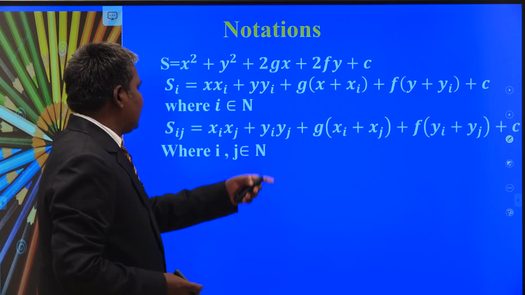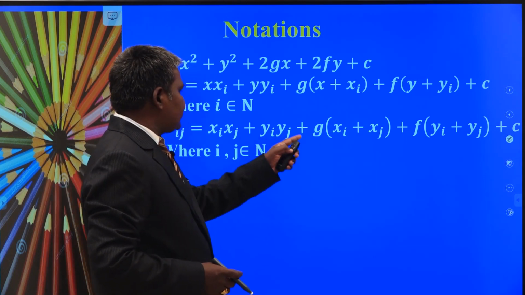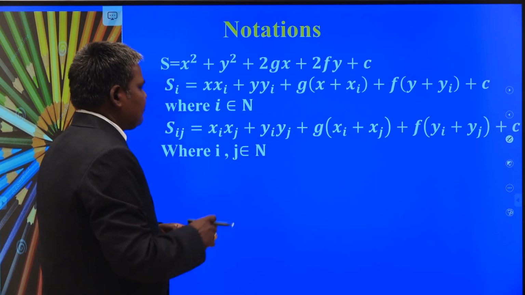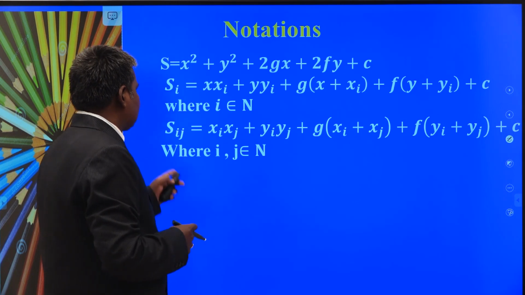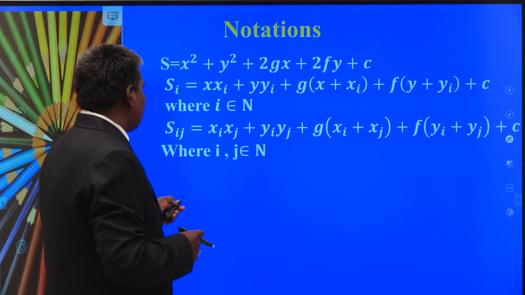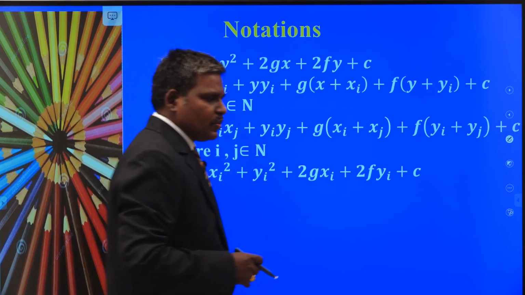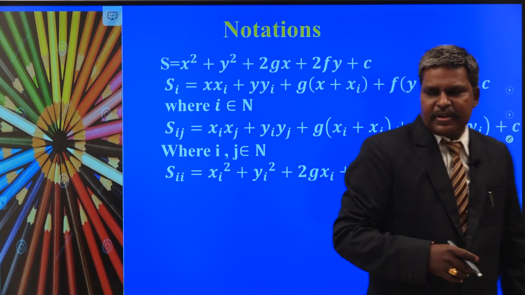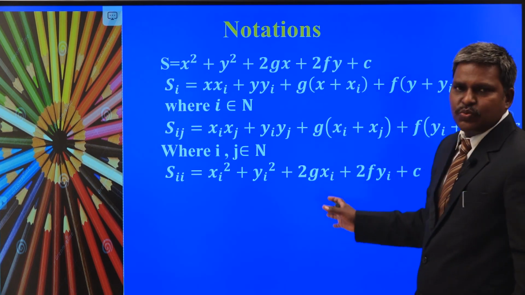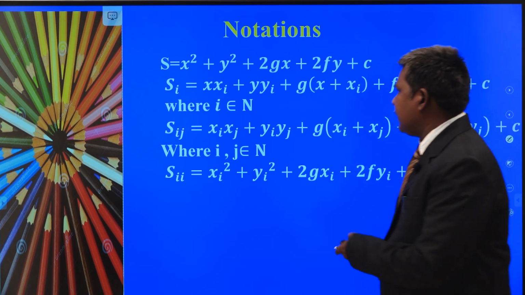This is Sij: xi xj plus yi yj plus g times (xi plus xj) plus f times (yi plus yj) plus c, where i comma j belong to natural numbers. Sii, replace j by i, we get xi square plus yi square plus 2g xi plus 2f yi plus c. These are the notations we have discussed up to now.